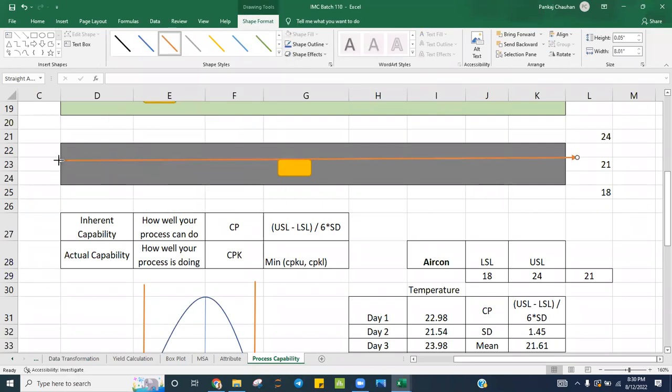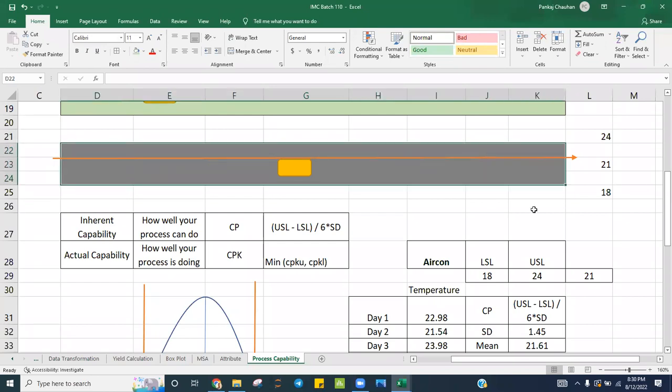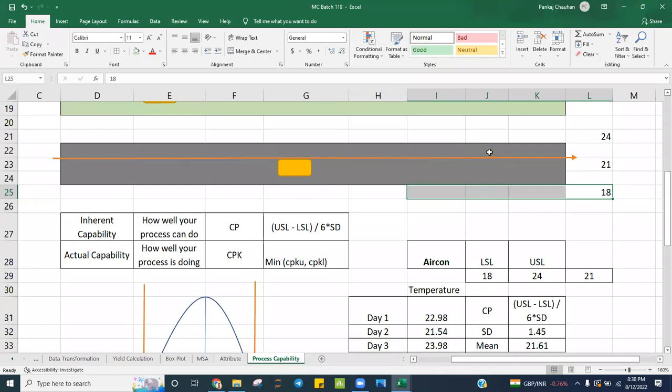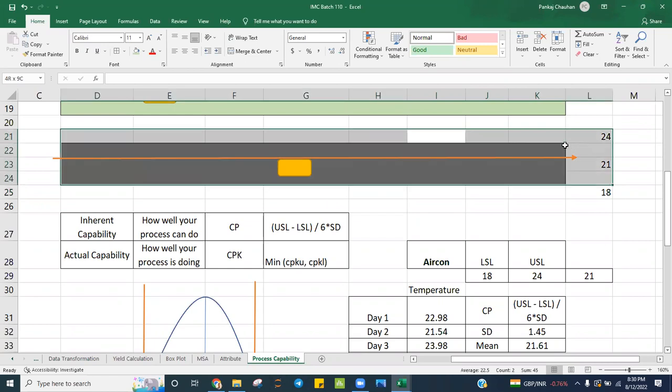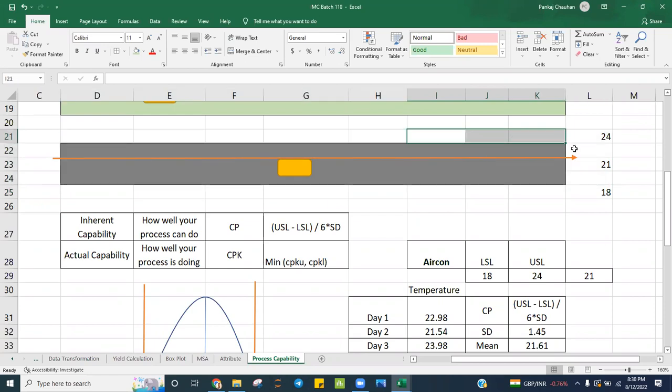There is a low probability of defect on the lower side of specification, but the gap on the upper side is very minimum. So there is a high chance you will be generating defects on the upper side, and the yield on the upper side of specification will be less than the yield on the lower side.